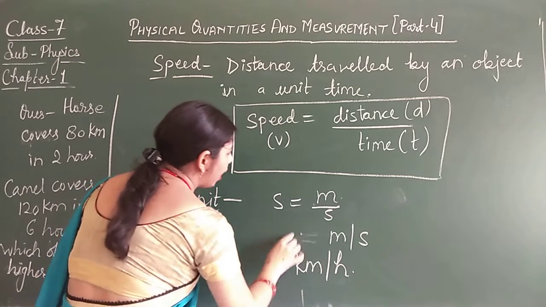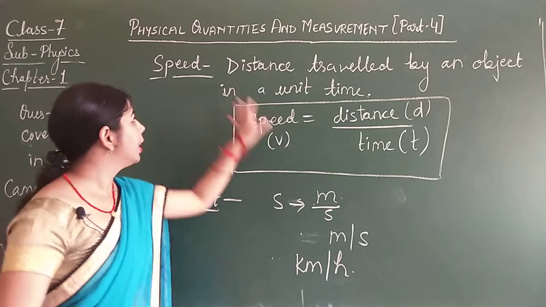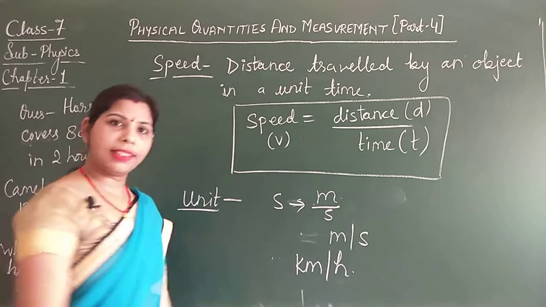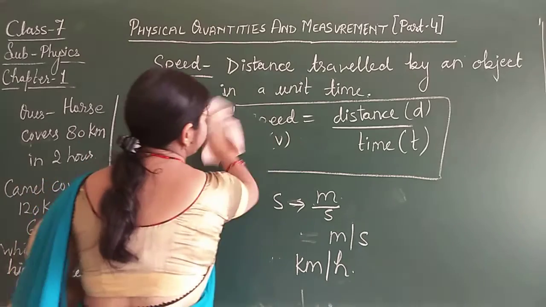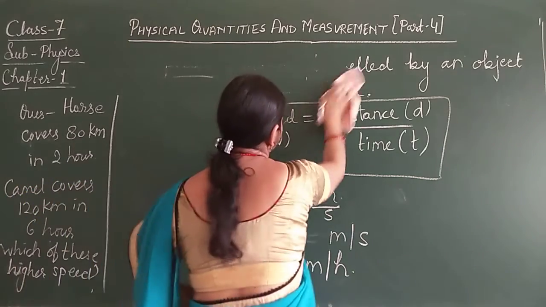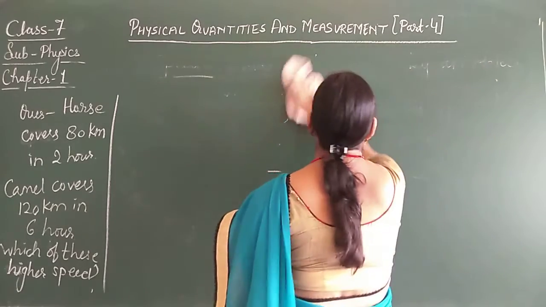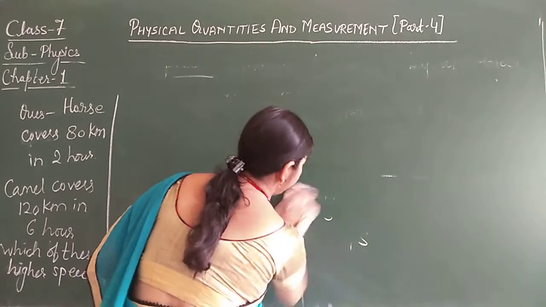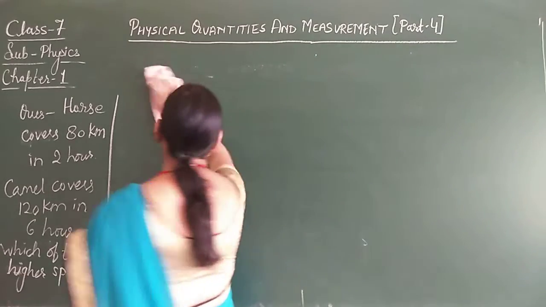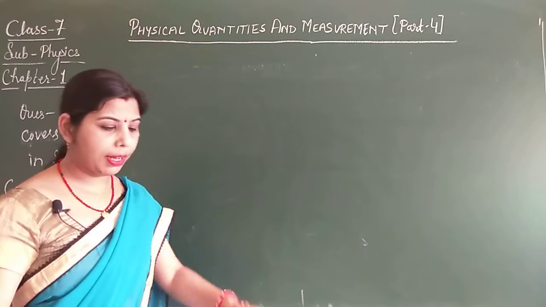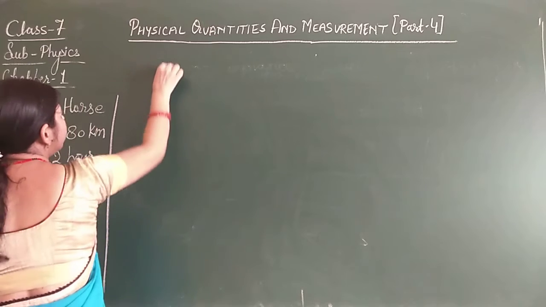Both are units for speed. Now let's see the relation between kilometer per hour and meter per second.